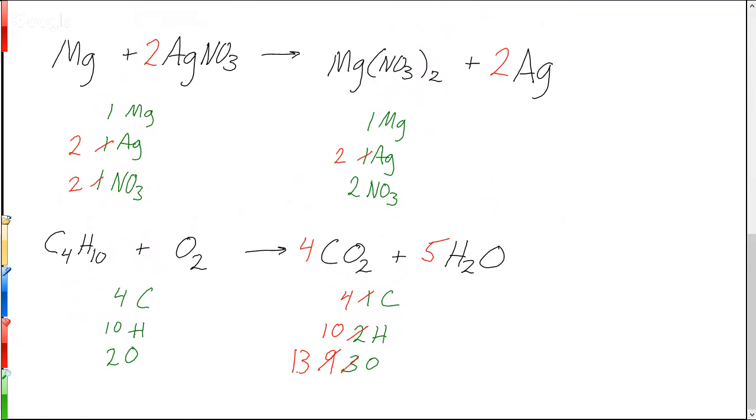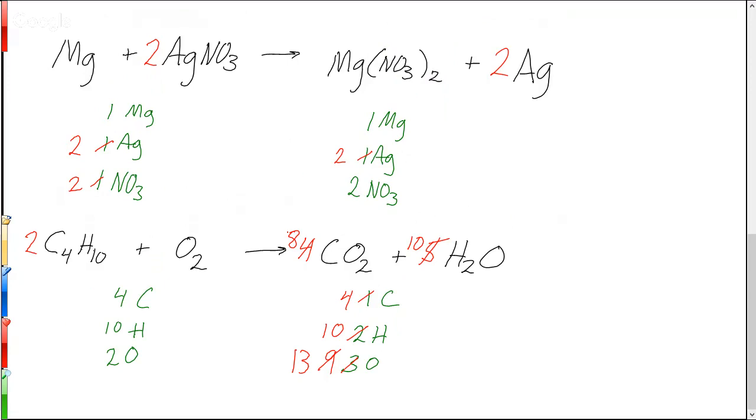So that doesn't work. The way you figure that out, this is something that happens a lot. When this comes up, what that tells you is that you have odd numbers on the right and even numbers on the left. You need to change everything into even numbers, and the way we change odd numbers into even numbers is to double them. So we're going to double all the coefficients in this reaction: 2, 8, and 10. Because we've doubled all of those, we shouldn't have to rebalance any carbons or hydrogens.